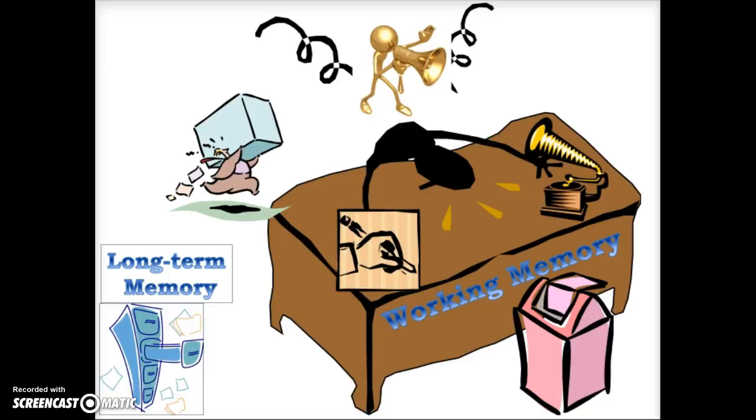So the visual spatial sketchpad is going to look to what I see to my left. Perhaps there's a car coming a little bit in the distance. And then it's going to look to see what I have to the right. When it looks to the right, inside my mind's eye, which is that visual spatial sketchpad, I'm still going to hold that image of the car to the left.